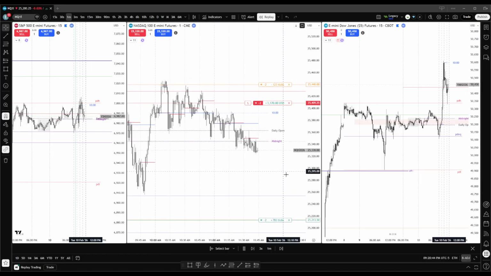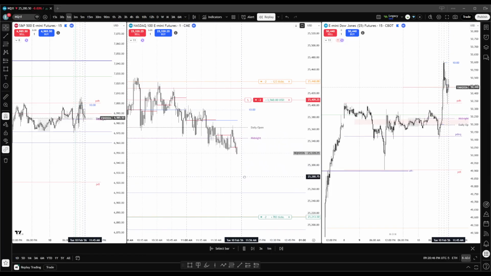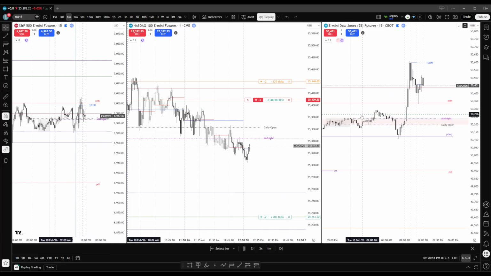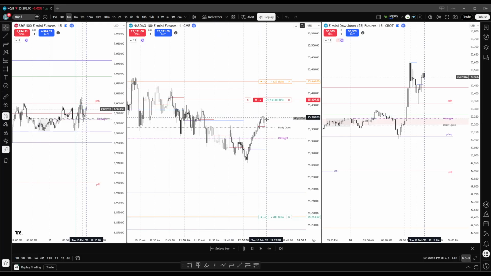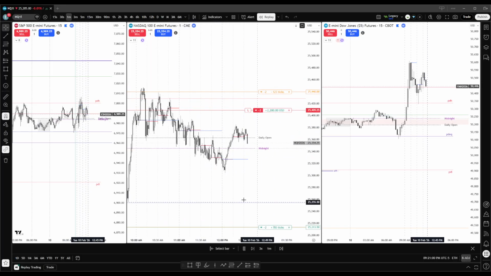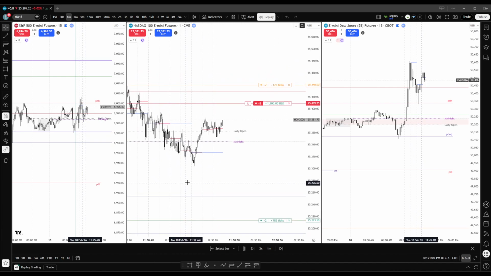Maybe another rebalance, as you can see here. Rebalancing this range, and then it'll go to draw on liquidity.